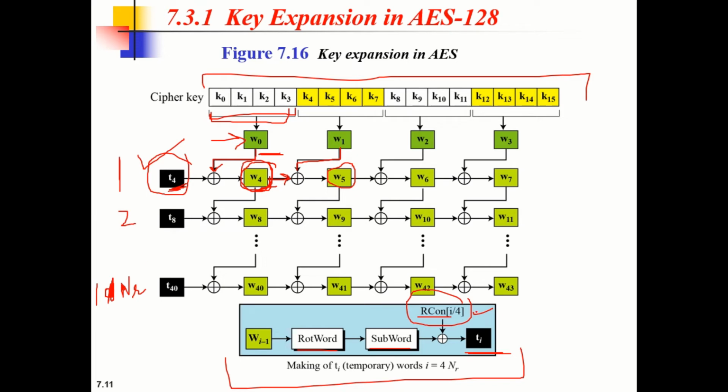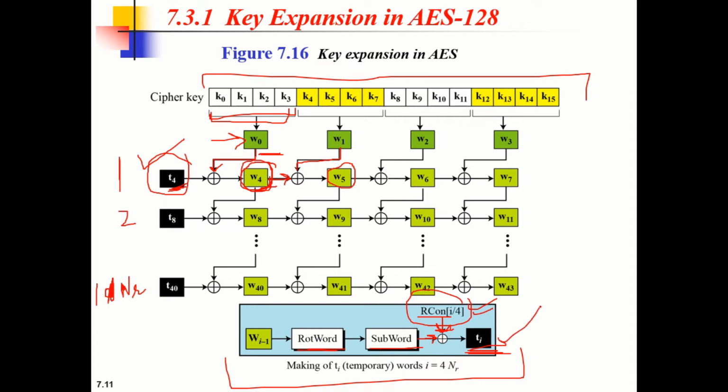So this value is different for each and every round. We have the table for this. So we simply rotate the word, then we perform the substitution operation, and then we XOR the output which we get over here with this Rcon value. Okay, this is a constant value. We XOR both of these values, and as a result we get this temporary word.